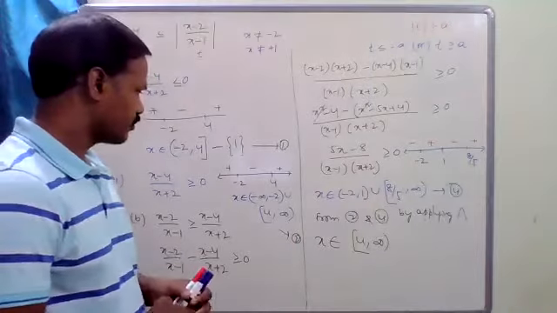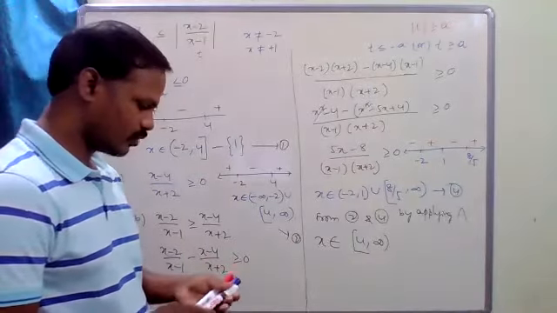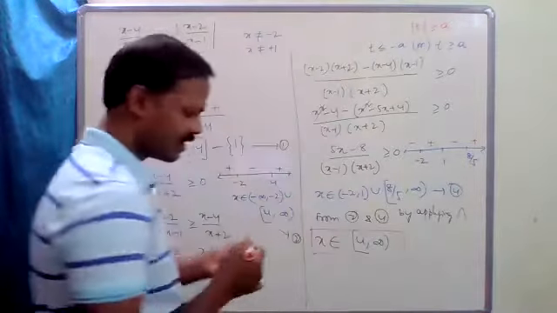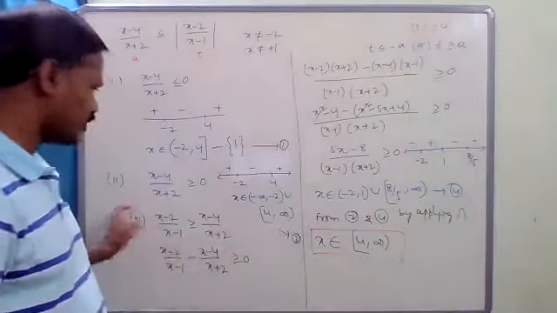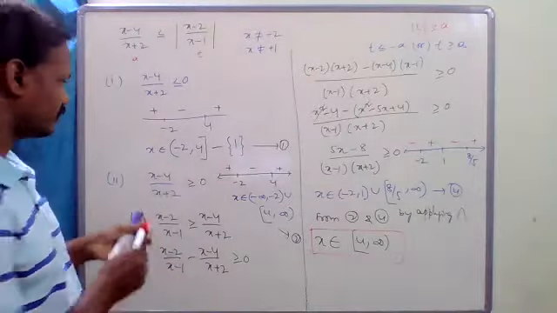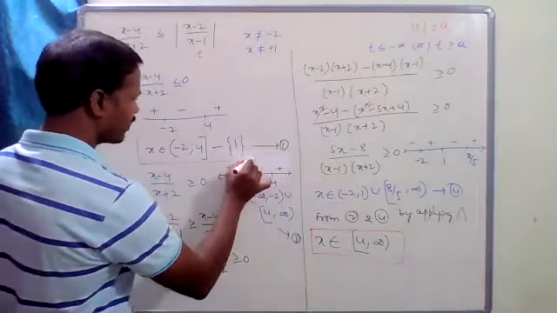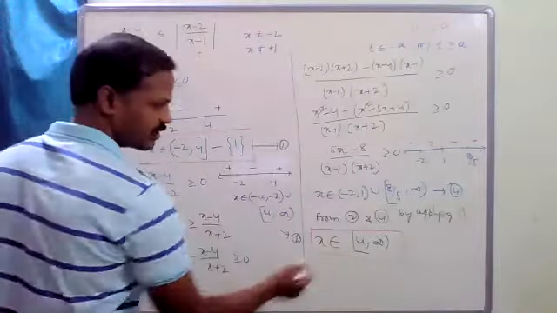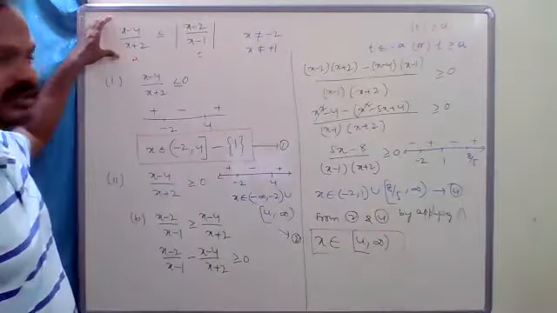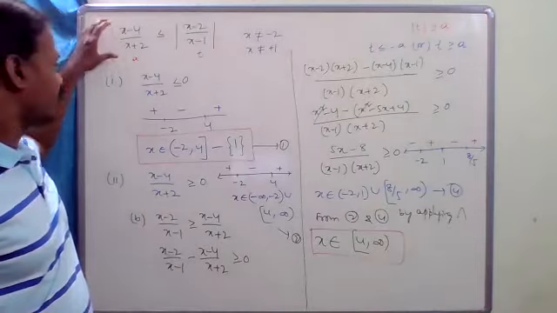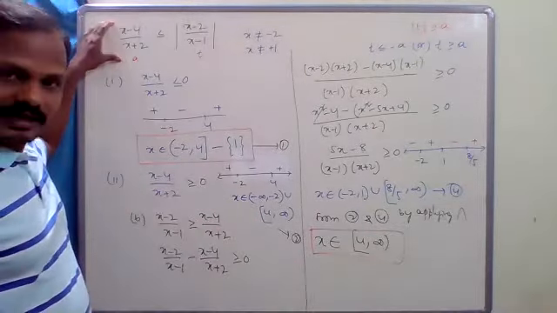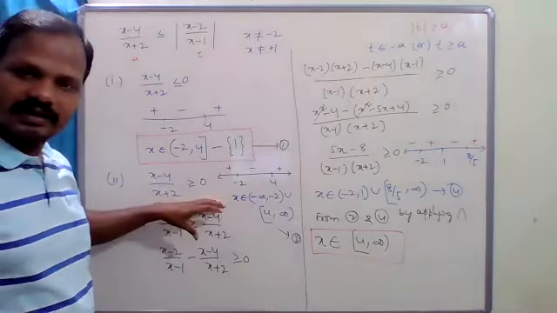Now you have to collect the solutions. So what is our final answer? This is for case 1 and this is for case 2. So the solution of this expression is either this or this: this is when a is less than 0, and this is when a is greater than 0.